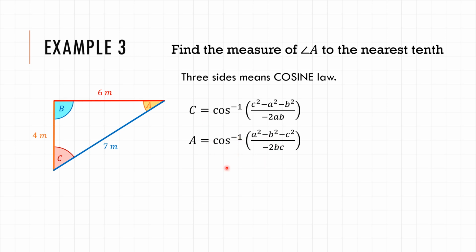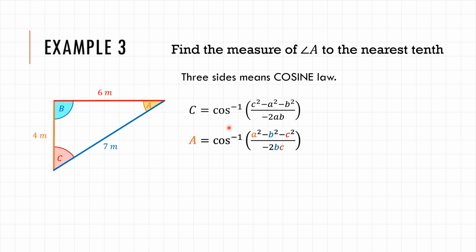It doesn't matter which one you put where, or whether you want to change one to another letter, as long as all of them are changing. So I've changed all the C's to A's, all the A's to B's, and all the B's to C's. And so this version of the cosine law is much better because it helps me relate to this triangle.